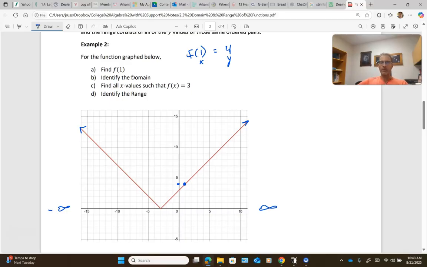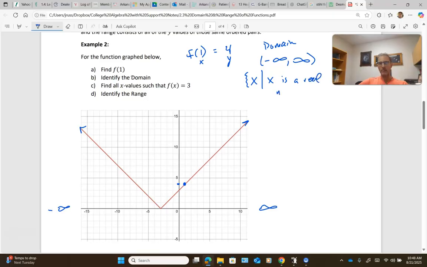It can be written a couple ways. It can be expressed in interval notation by saying the domain goes from negative infinity to positive infinity, or it can be expressed in set builder notation by saying the domain is the set of all values of x such that x is a real number.